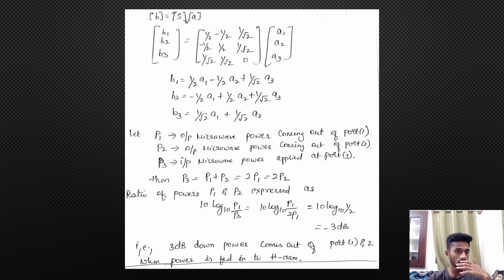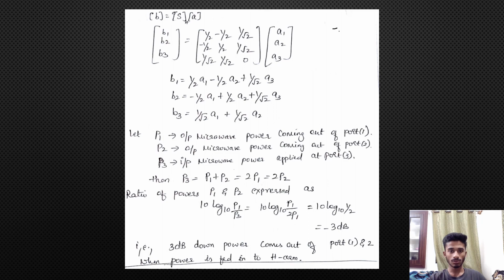Here we have come to the last round, where we have to use the formula: matrix of B equals matrix of S subscript H into matrix of A. The matrix of B is a 3 cross 1 matrix, while S subscript H is a 3 cross 3 matrix, and A is also a 3 cross 1 matrix.